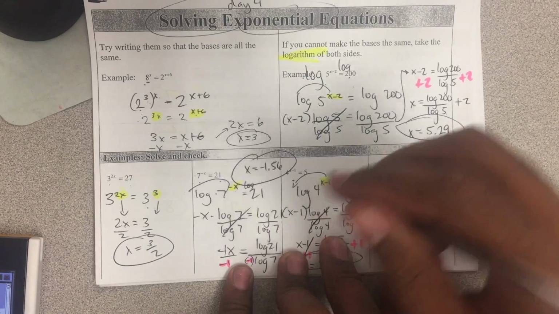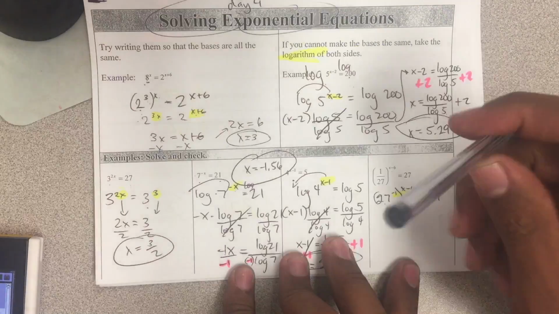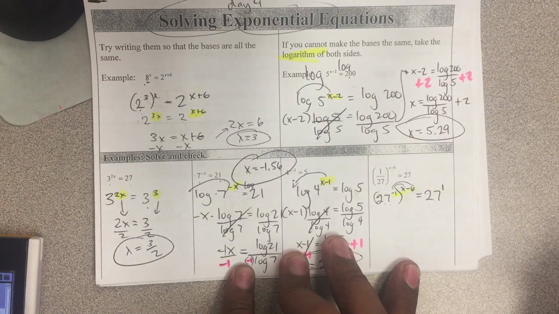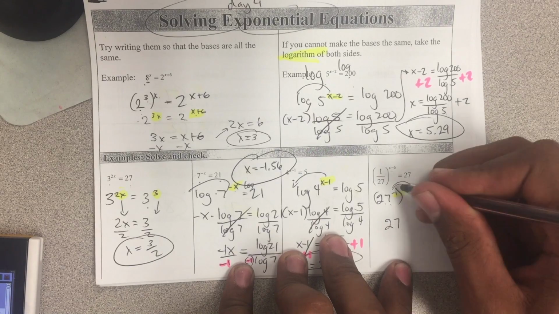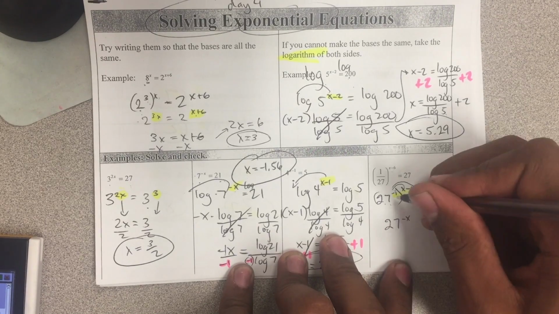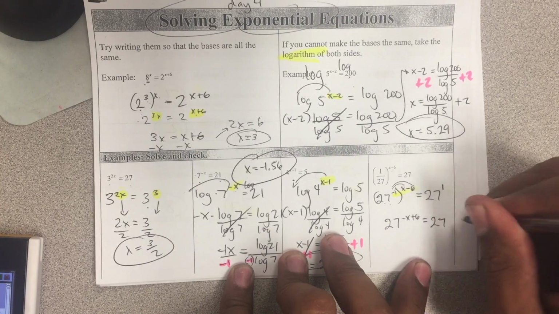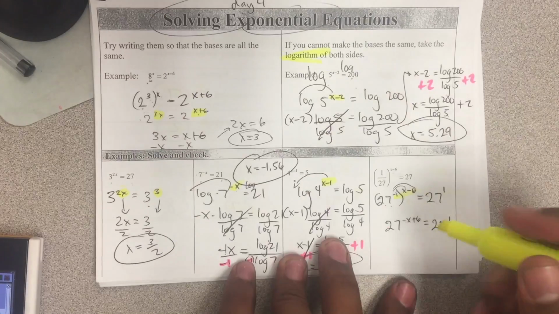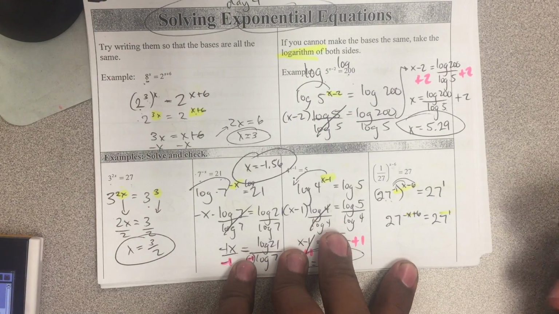Okay, so now what I have to do with these exponents is multiply them, which means I have to distribute this negative 1 to that binomial there in the top. So now it's 27, negative 1 times x, negative 1 times negative 6, positive 6. So now it's 27 to the 1. So now the bases are the same, and I can just set the exponents equal to each other.